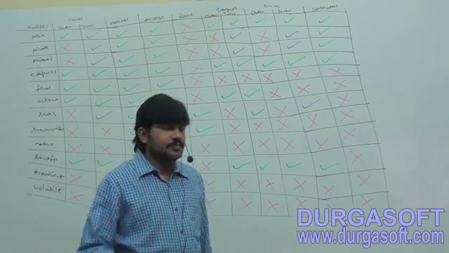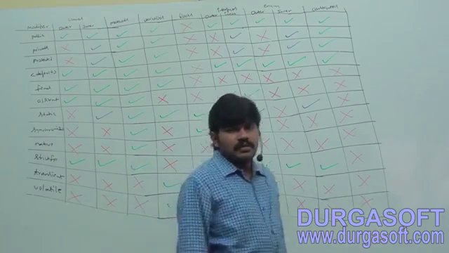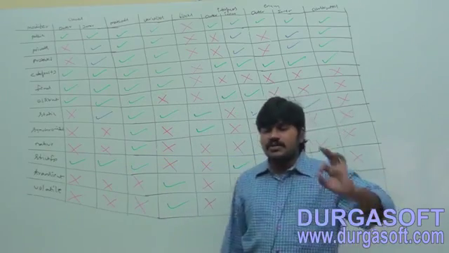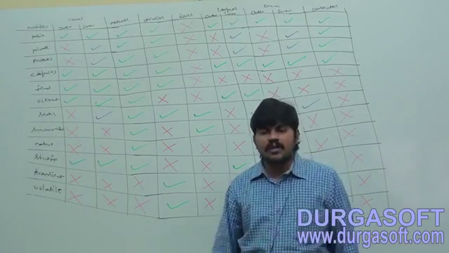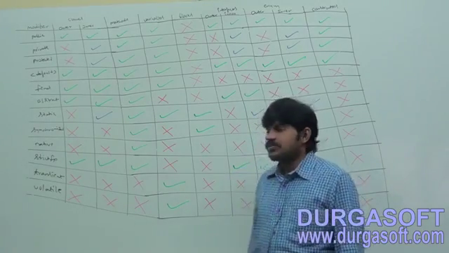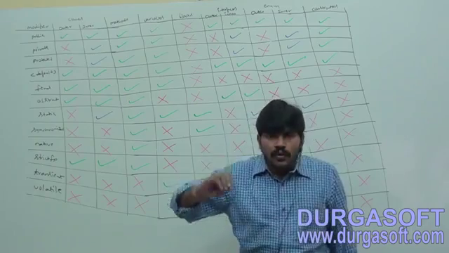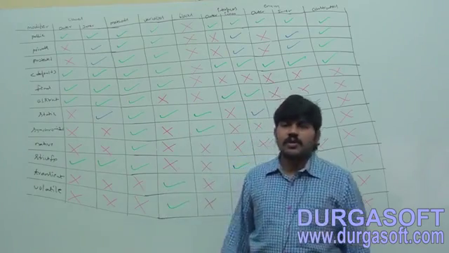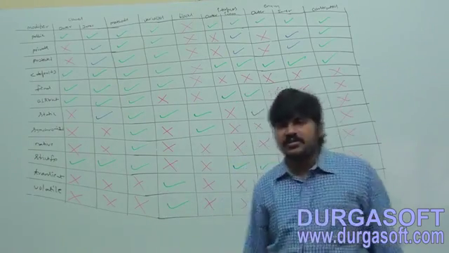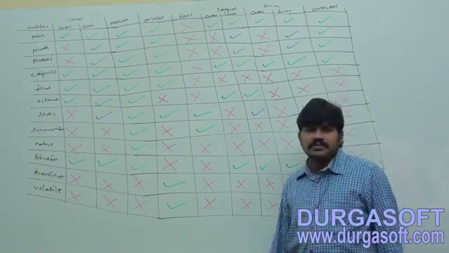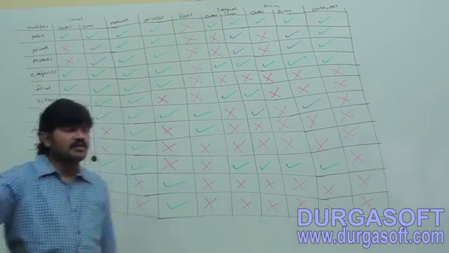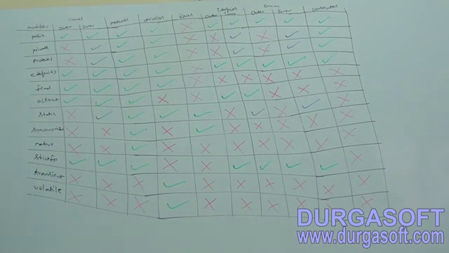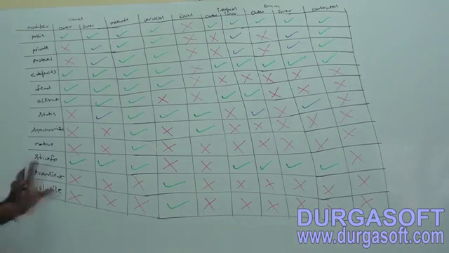Next, third one. The modifiers which are applicable only for methods. Only for methods means you can't apply these modifiers anywhere else. Can you tell which modifiers are applicable only for methods?